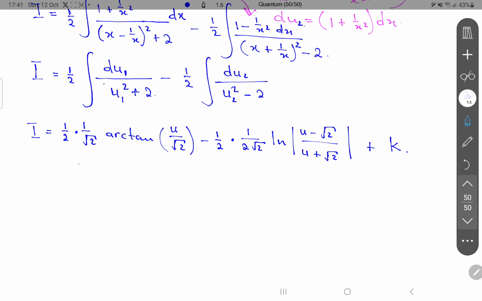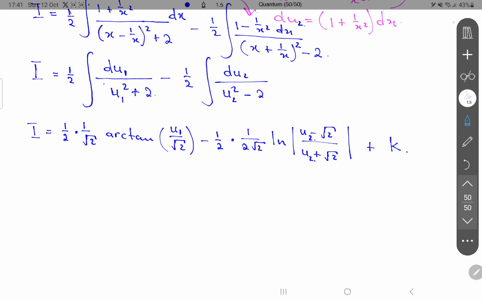But remember, I forgot to say u1 and u2 here: u2, u1, u2, u1.